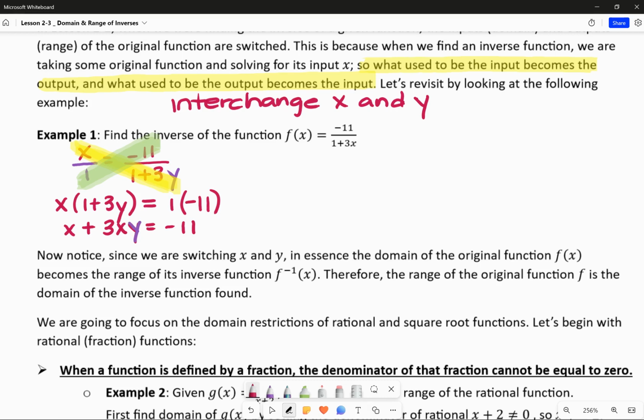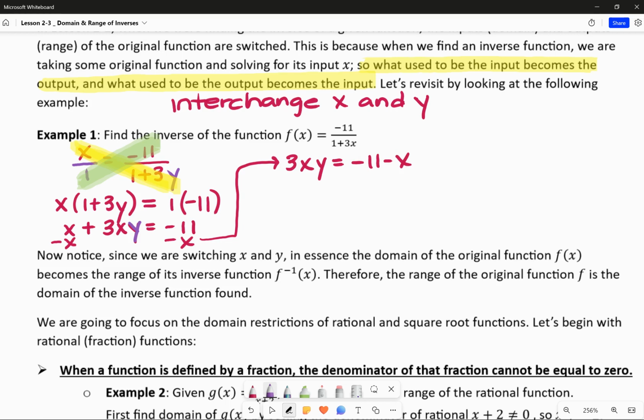The first thing I need to do is start moving the x by subtracting it from both sides. Get your addition and subtraction out of the way. So x minus x is going to become 0. So we are left with 3xy equals negative 11 minus x.